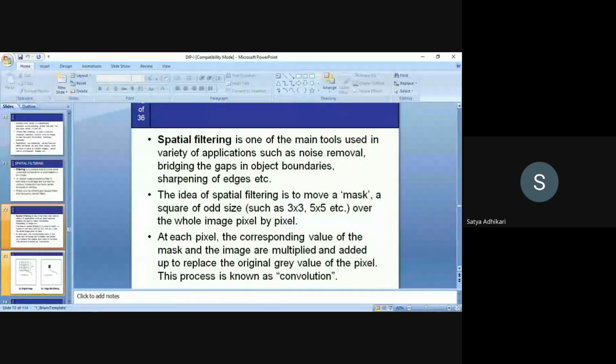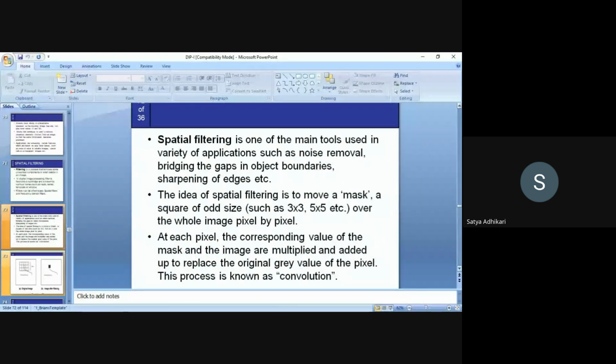Spatial filtering is one of the main tools used in a variety of applications such as noise removal, bridging gaps in object boundaries, and sharpening edges. Suppose there is some gap between your pixels, some pixel value is missing. We have to fill it by a suitable pixel having suitable gray level values.